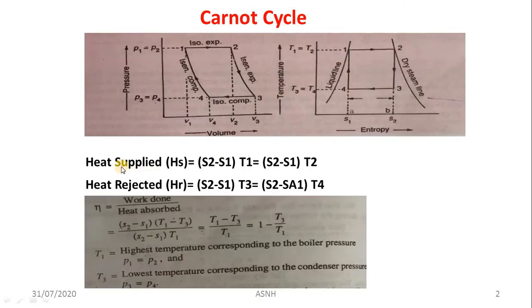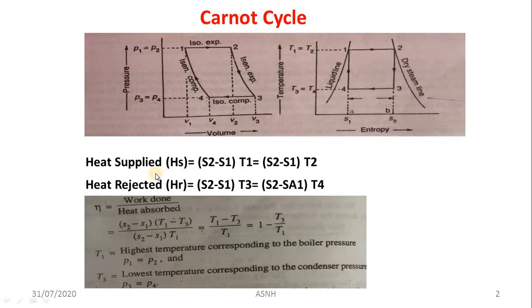Now this is the formula of the heat addition. Heat addition is nothing but the change in entropy times the absolute temperature. The change in entropy is S2 minus S1, since for process 1-2 the parameters are related with points 1 and 2 only. And as the absolute temperature, we consider T1.